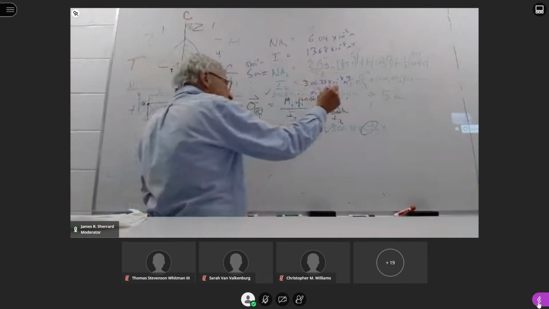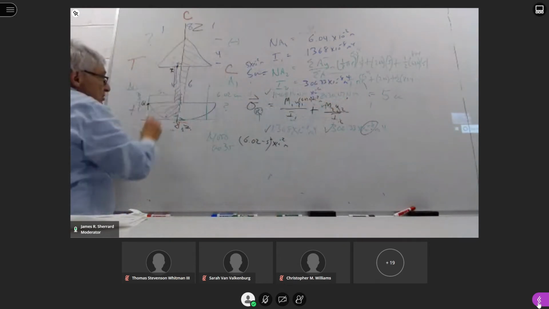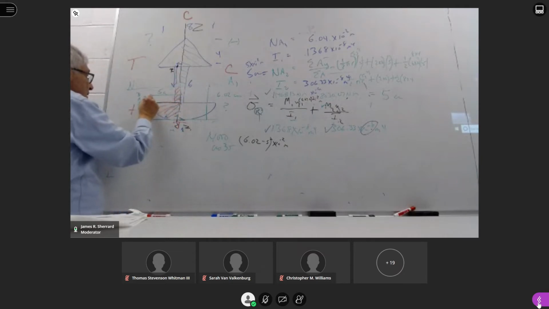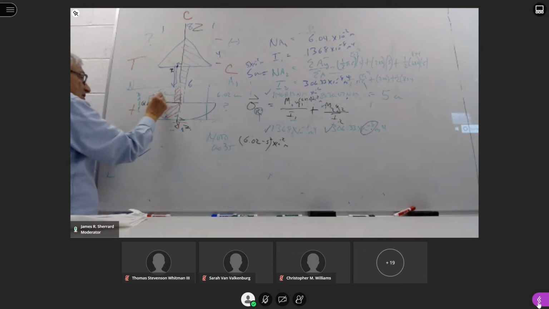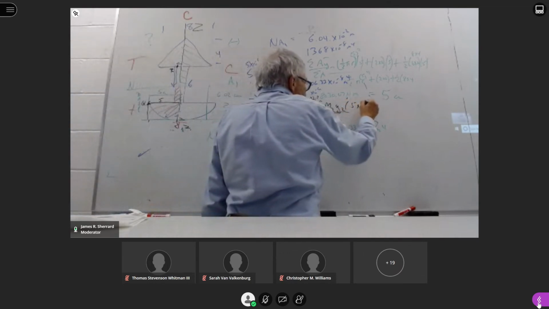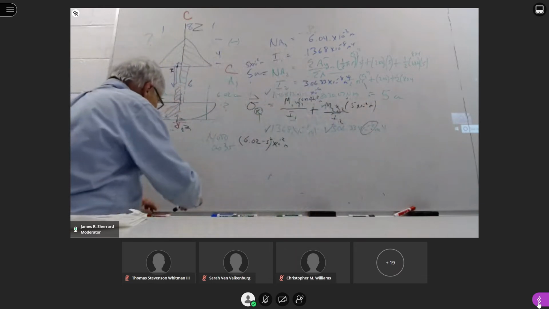We then look at this section, and it says, what is the distance from the neutral axis to the point of interest? This is the neutral axis. We have to go this direction, and that's 5. Okay. Now we have to throw in our signs.